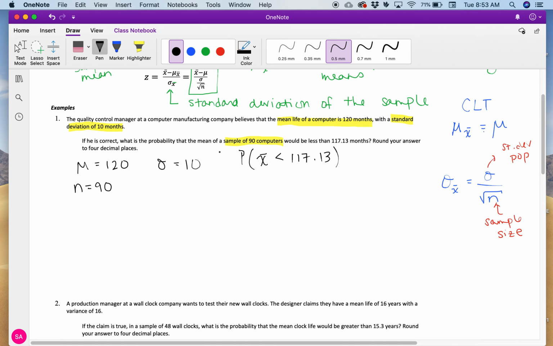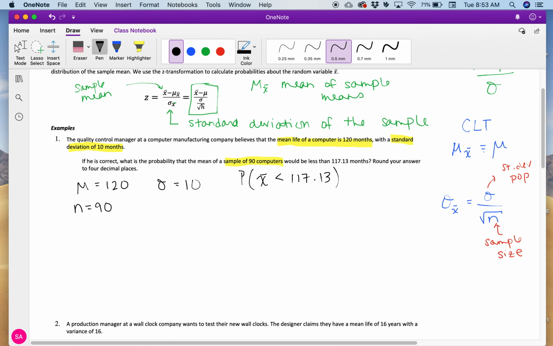That's where this formula up here comes in. So z is equal to, I'm just going to write it out, x bar minus mu all over sigma divided by the square root of n. The more you write it out, the easier it'll be to remember.